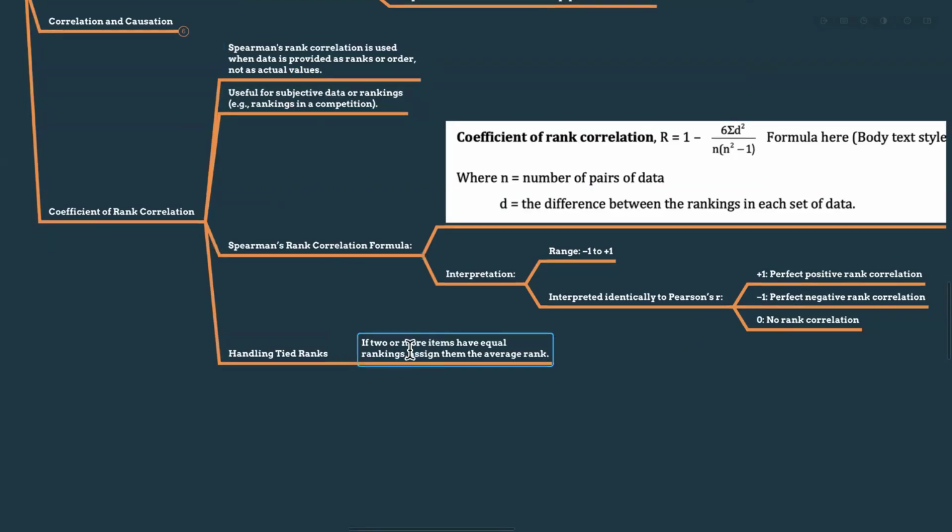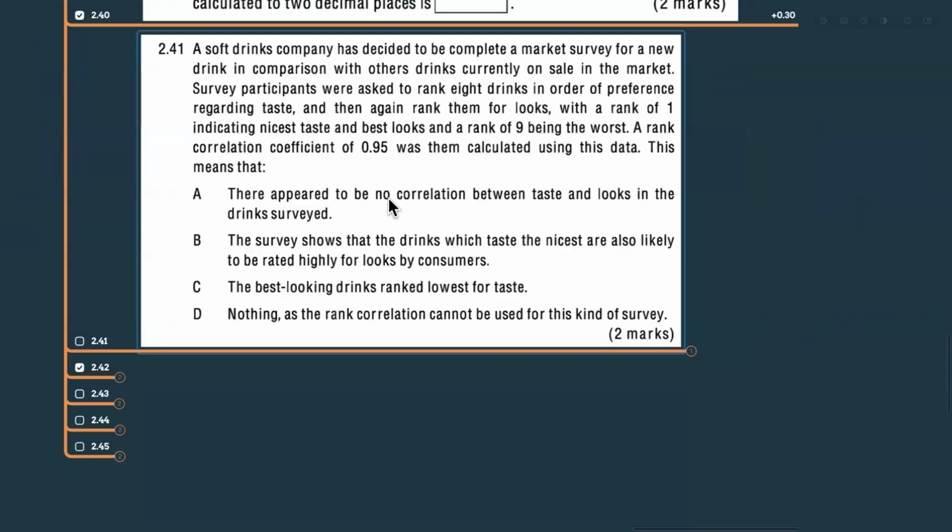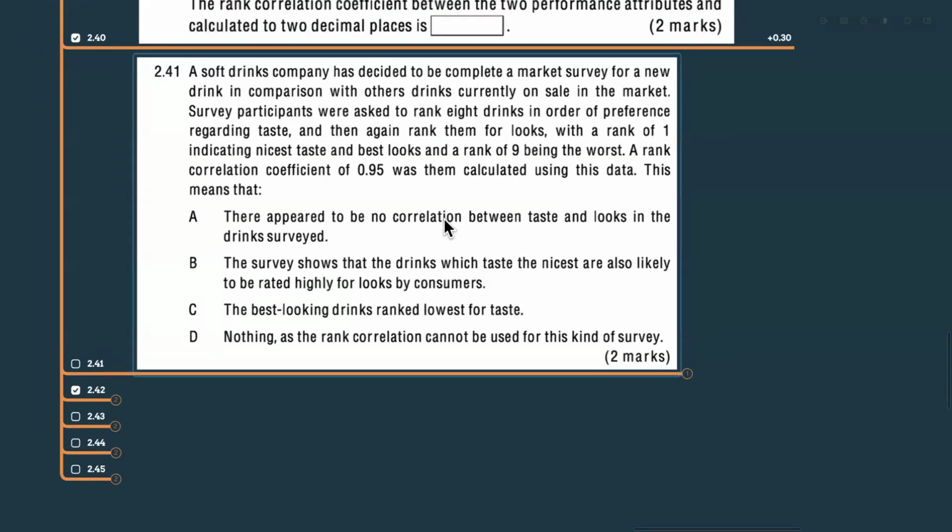Let's see that question. Okay, come here. Here you can see this, there appear to be no correlation between taste and looks in the drinks surveyed. No, if it is 0.95, there is a positive correlation. So we cannot say there is no correlation. So 2.41a is not an answer, right?